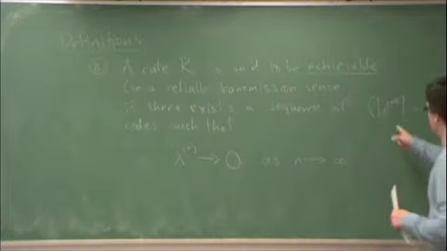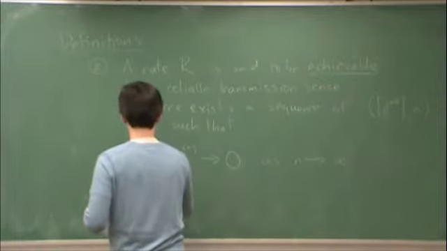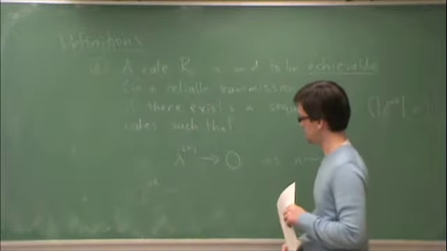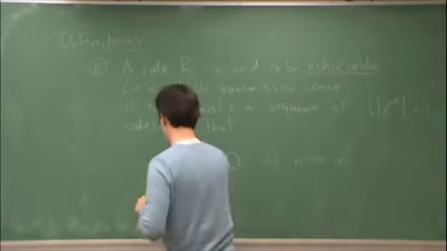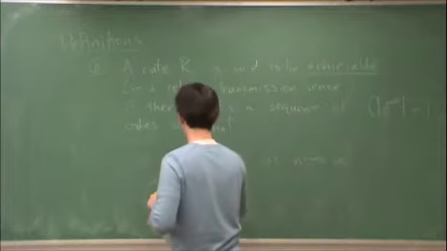First off, what does this mean, 2 to the NR? Well, let's go back to our example of 1/4. 2 to the NR, if R is 1/4, that's 2 to the N over 4.